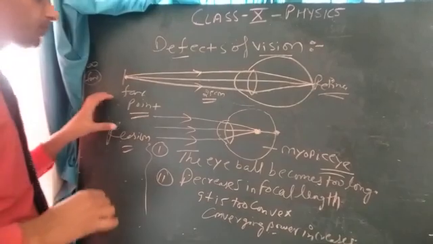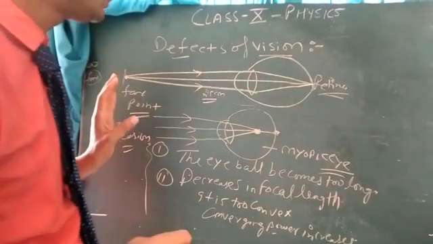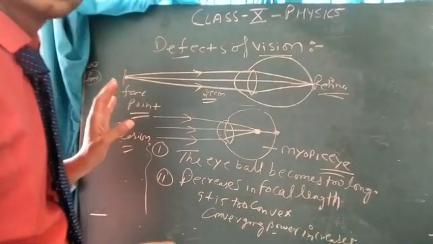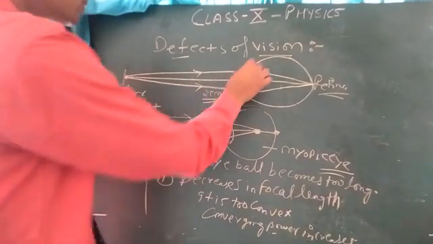So that is the far point for a myopic eye. Clear?